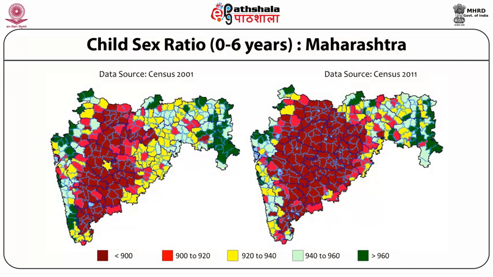Now we are looking at Maharashtra at sub-district level. First of all, large parts of eastern Maharashtra, which hardly had any red, have much more red and certainly much more yellow. We are seeing even towards the western part of Maharashtra a large expansion. So virtually the entire Marathwada, some part of western Maharashtra and large parts of eastern Maharashtra are all becoming very, very red.